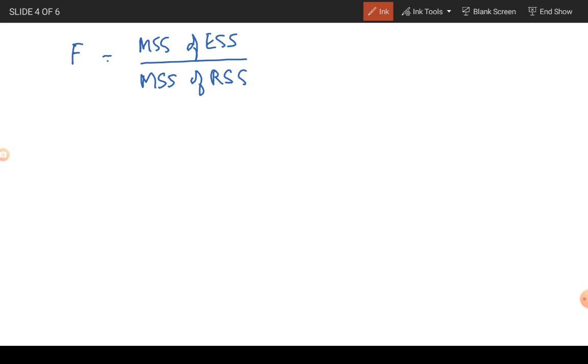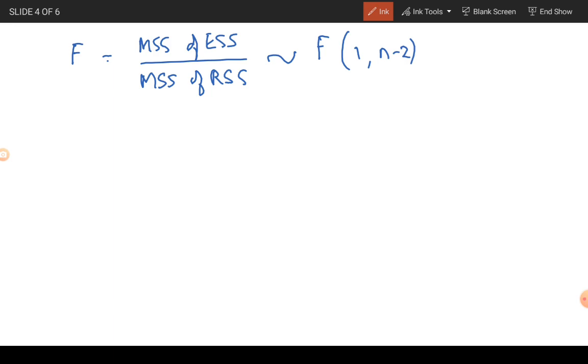This computed F ratio, which is the mean sum of squares of the explained sum of squares divided by the mean sum of squares of the residual sum of squares, follows an F distribution with degrees of freedom 1 in the numerator and n minus 2 in the denominator.